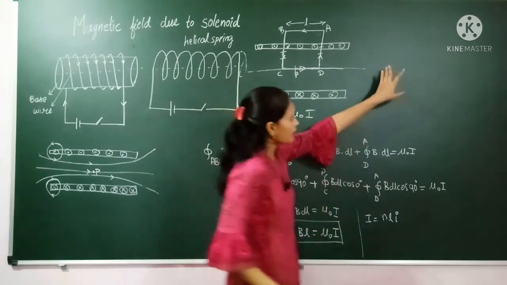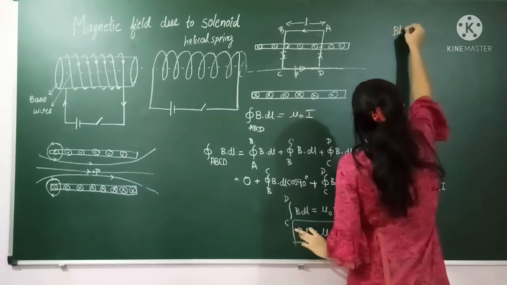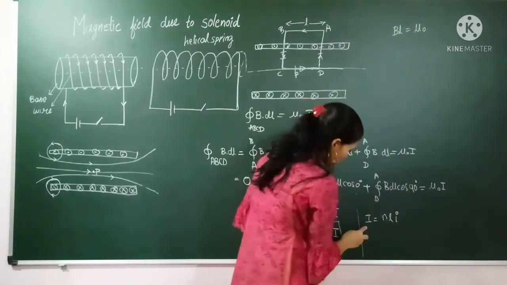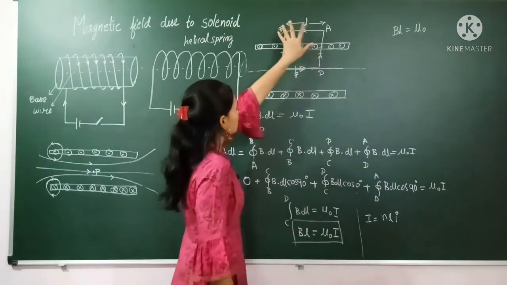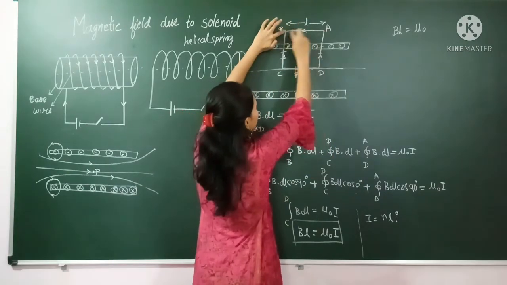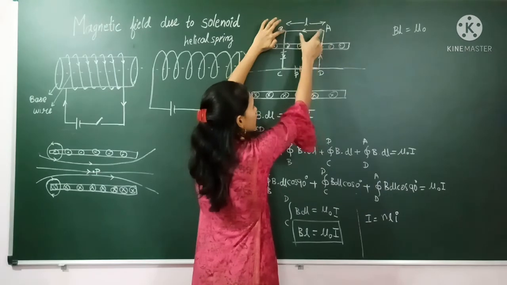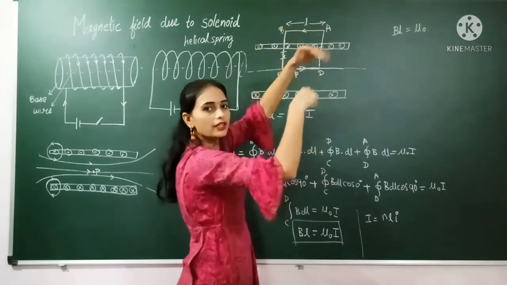So we will write BL is equal to mu naught times NLI. This is L length of wire, and in this L length of wire we have N number of turns. If you multiply NL with I, then we get the total current in the coil.